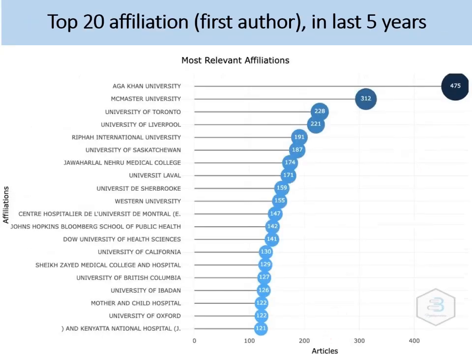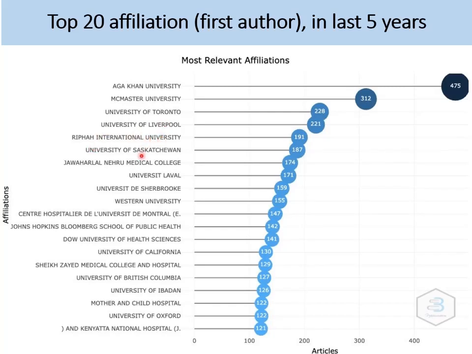If you look at this slide, you can see the top 20 affiliations of the first authors in the last 5 years. 475 authors were from Aachen University, from McMaster University there were 312 affiliations, and University of Toronto 228. So the affiliations of the first authors were with these international universities as well.